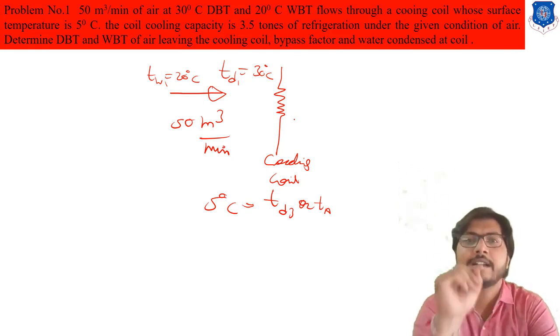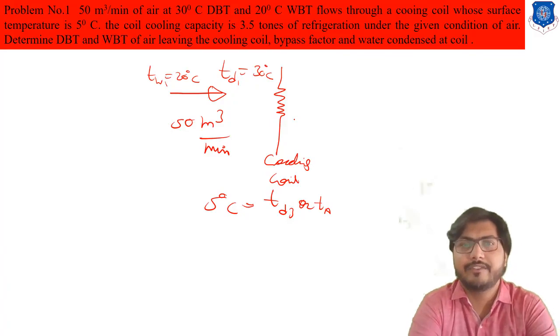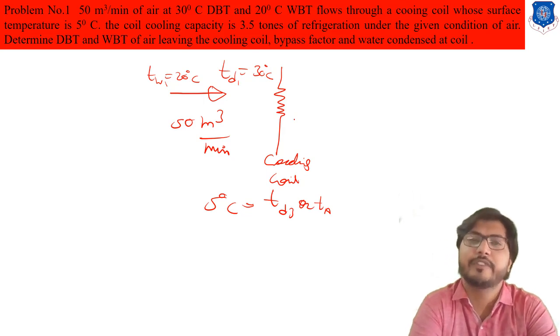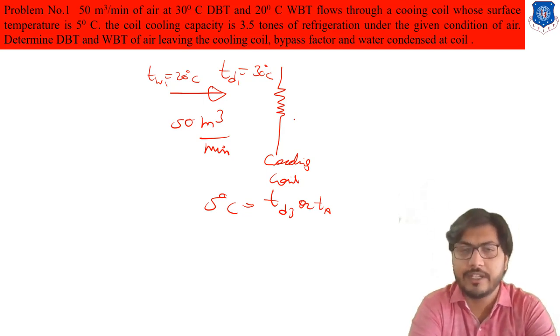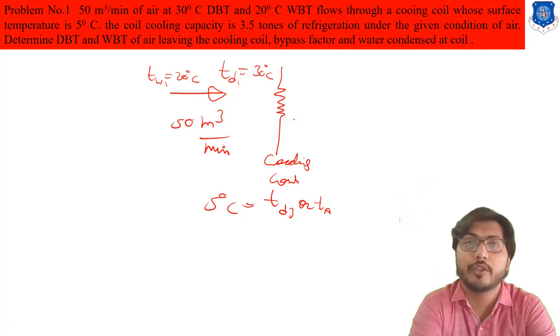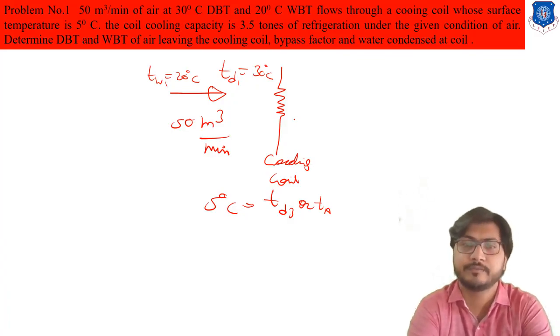So the total capacity is 3.5 into 3.5 kilowatt. That is the amount of heat that can be absorbed by this cooling coil.